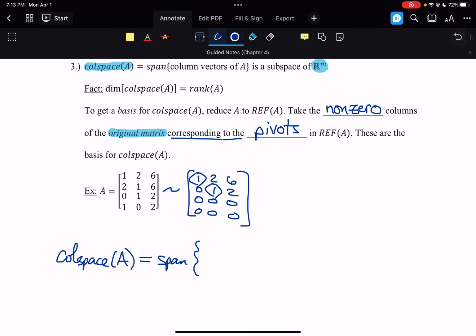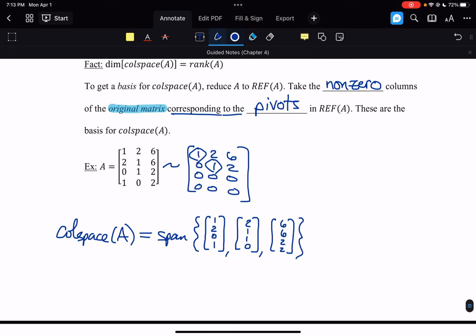And so oftentimes we will write the vectors in this column form. So you'll see the vector 1, 2, 0, 1, 2, 1, 1, 0, and 6, 6, 2, 2. So we like to write the vectors vertically because they are column vectors to help distinguish them from, say, a row vector.